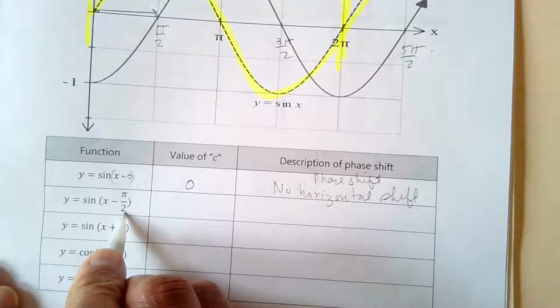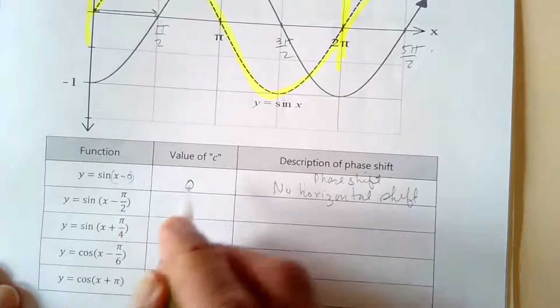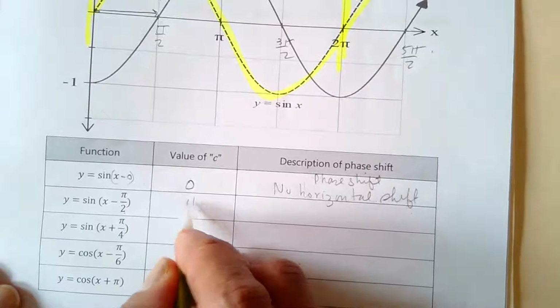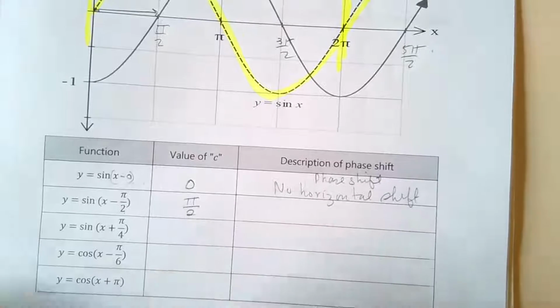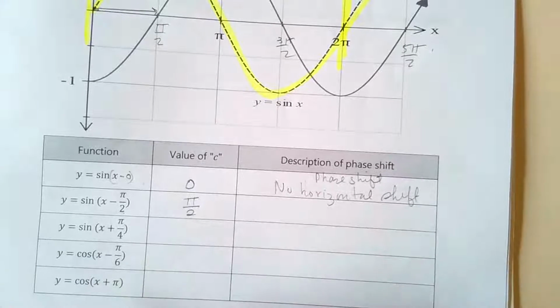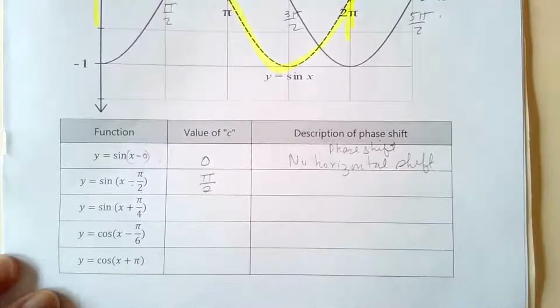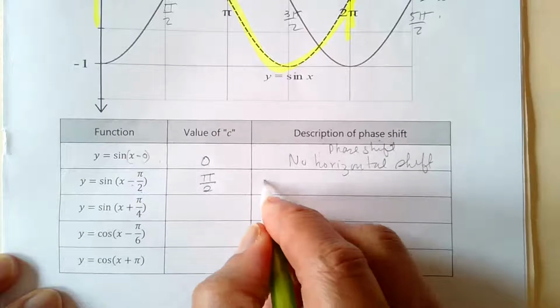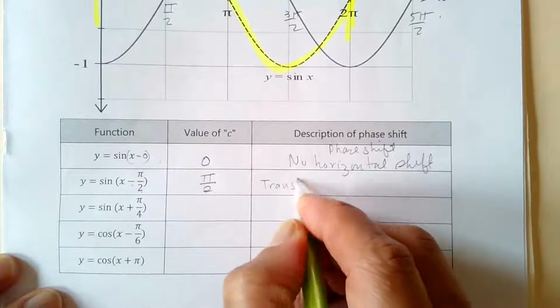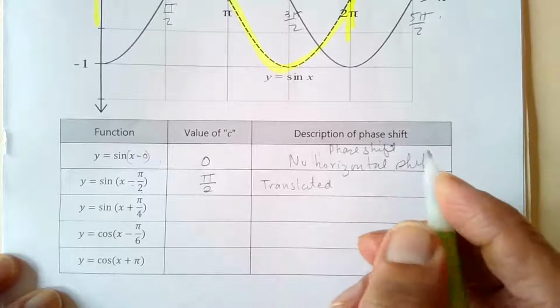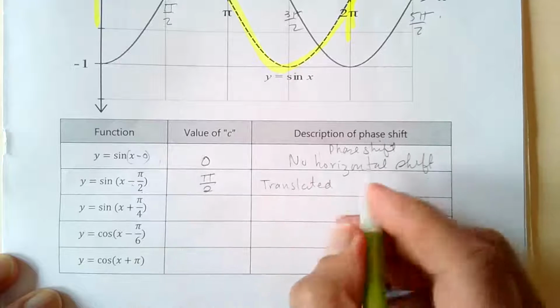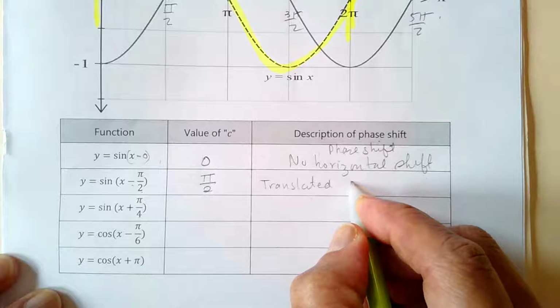Here we have a value of C which is pi over 2. But because it's negative, we'll say it's translated pi over 2 units to the right.